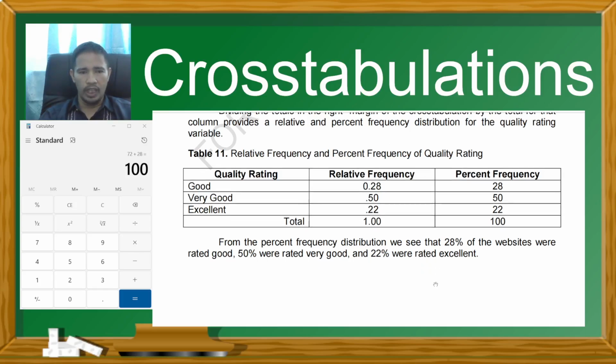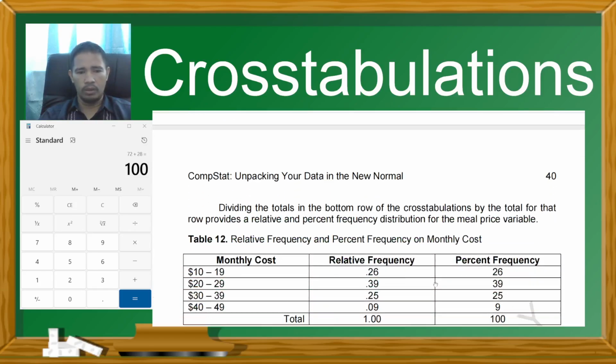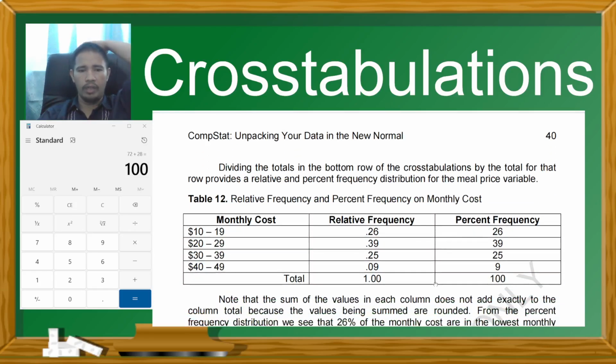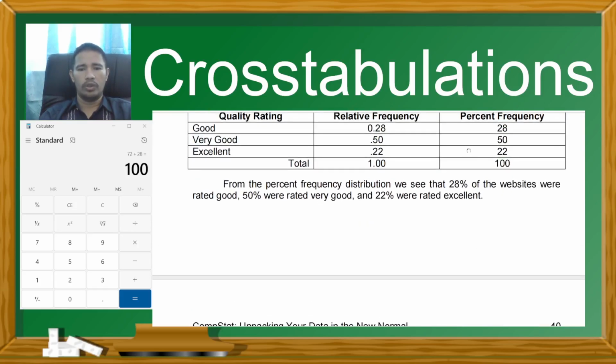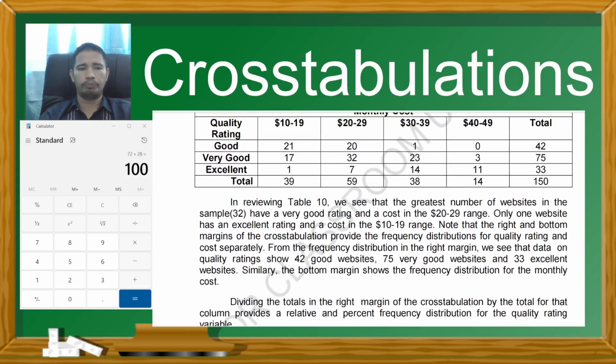After that, we are going to compute the relative frequency for the costs of 10 to $19, 20 to $29, and so on. This is just the same process. Let's go back above.